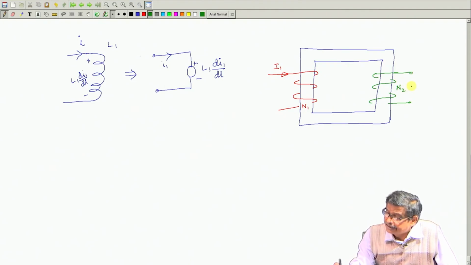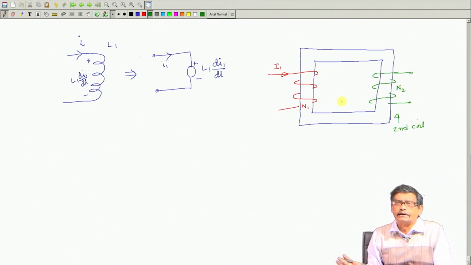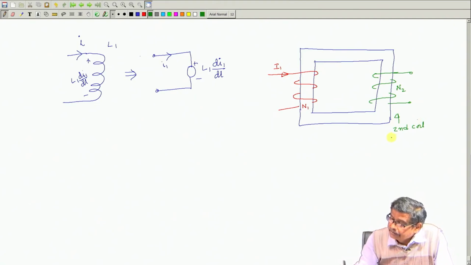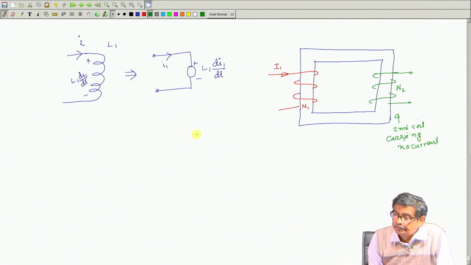This is the second coil. In the second coil, I am not passing any current, no current. Only the first coil carries current.